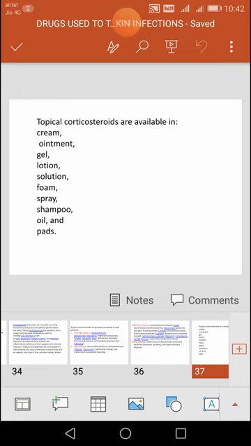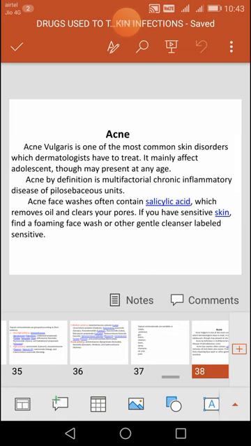The topical corticosteroids are available in the form of creams, ointments, gels, solutions, lotions, foams, sprays, shampoos, oils, and also pads. Then coming to acne. Acne vulgaris, you know, is called pimples. Acne vulgaris is one of the most common skin disorders which dermatologists have to treat.